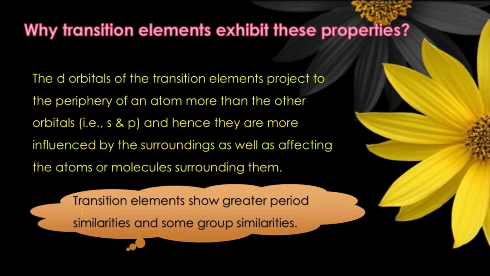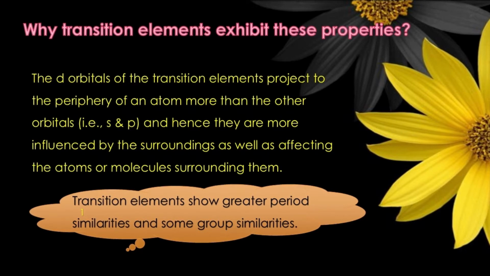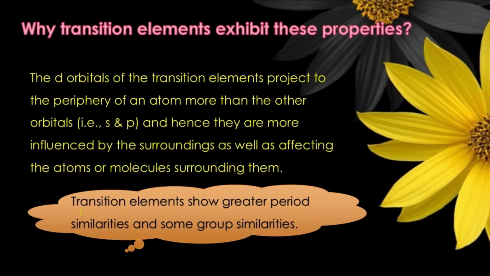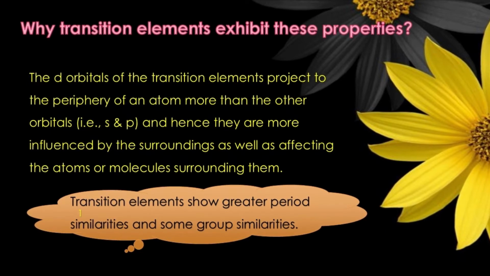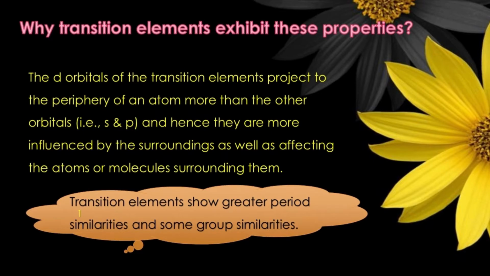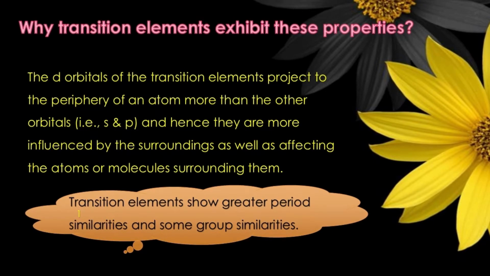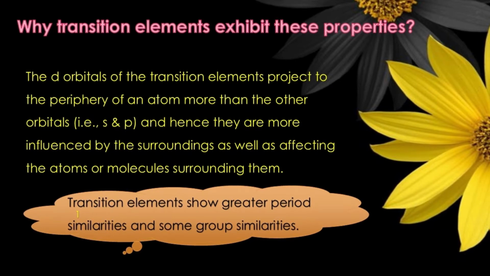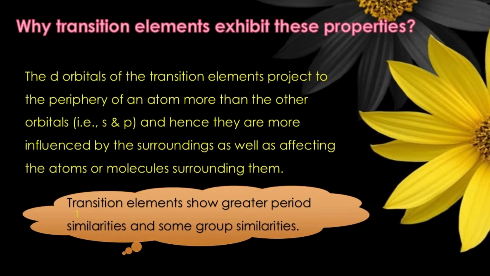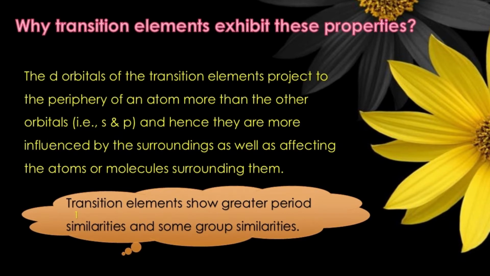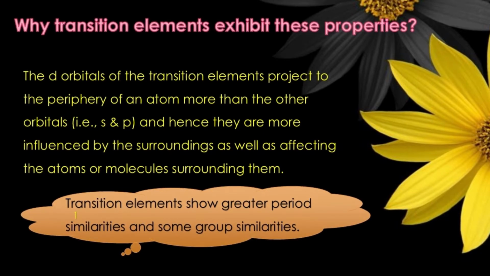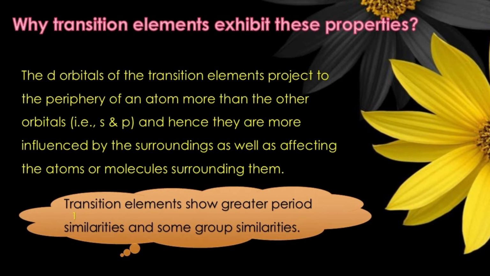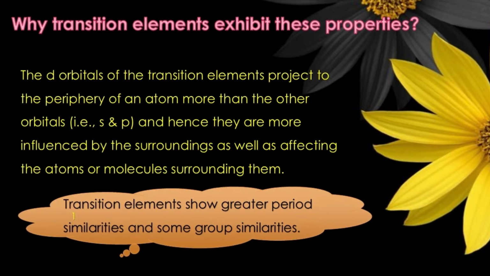Now let's see why transition elements exhibit these properties. We know transition elements involve filling up of d orbitals. The d orbital is more diffused in shape compared to s and p orbitals, and it is projected to the periphery of an atom more than the other orbitals.